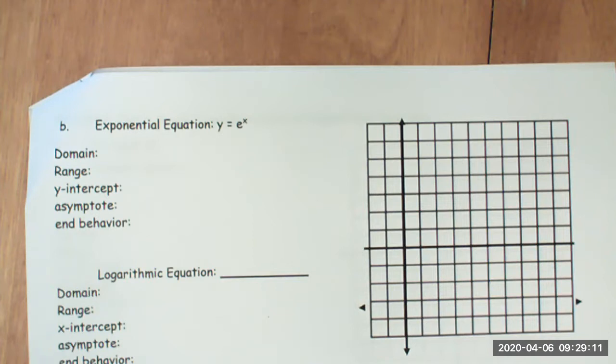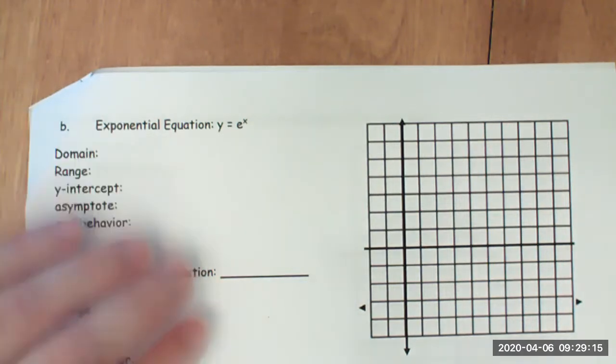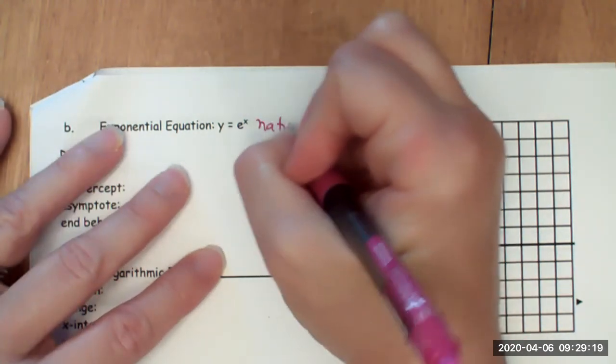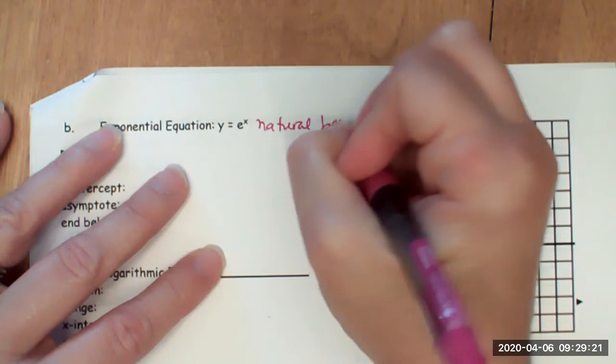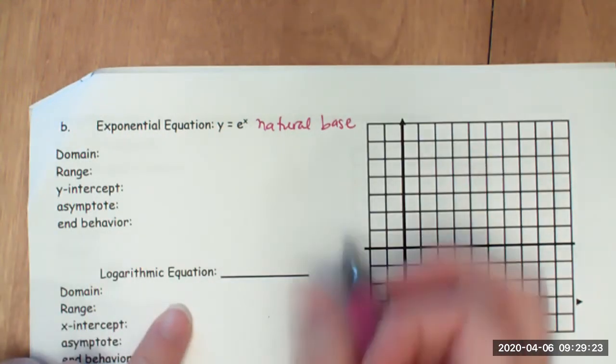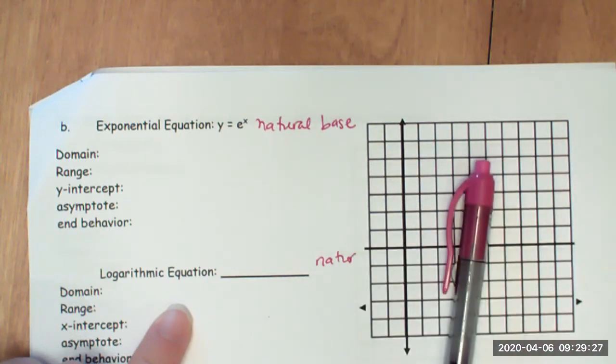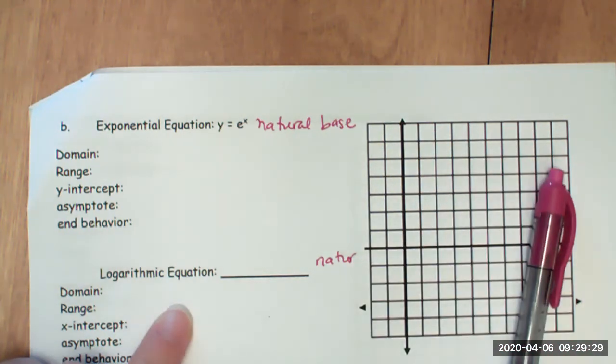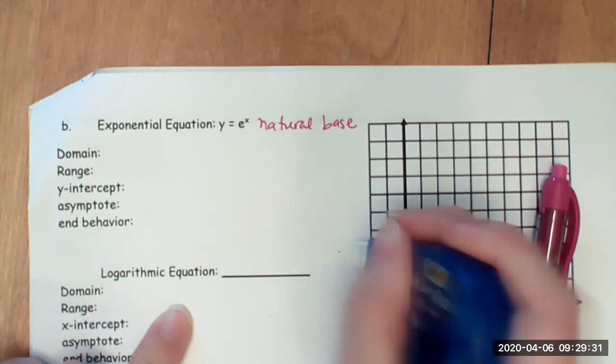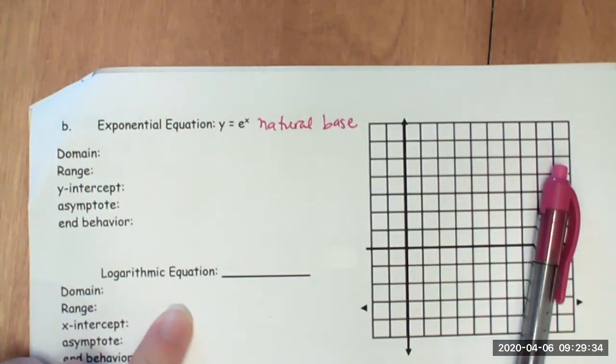So let's look at the exponential equation y is equal to e to the x. Remember that what you're looking at here is the natural base. And the logarithmic equation is going to be, of course, the inverse of that, which is the natural log. I'm going to try to be consistent, putting exponential in pink and log in green.